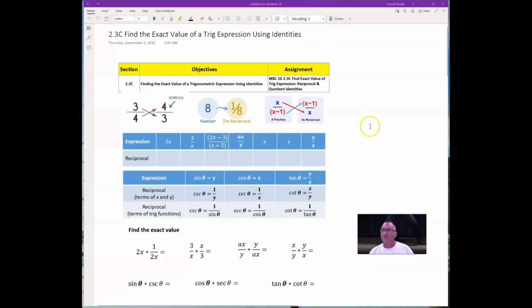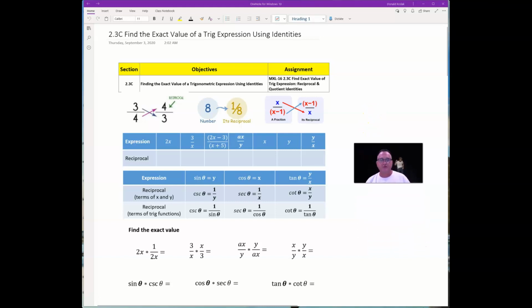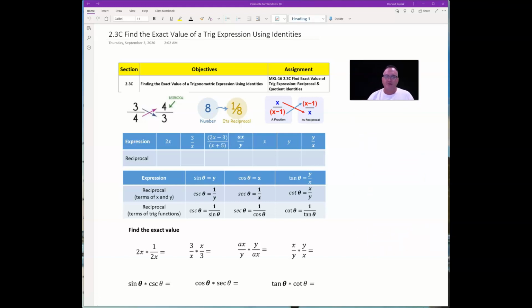Alright, so first thing we got to talk about is this idea of reciprocal. We've mentioned it quite a few times as we've been working through the 6 trig functions. When we've got a fraction, writing its reciprocal is simply reversing the numerator and the denominator.